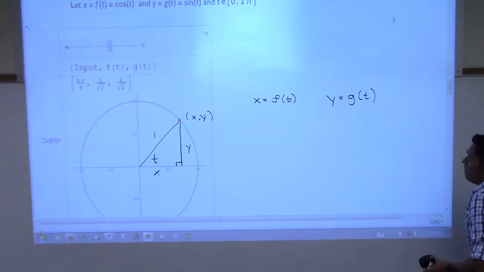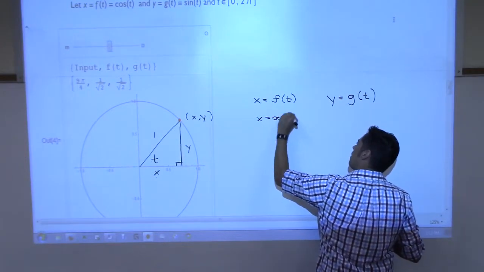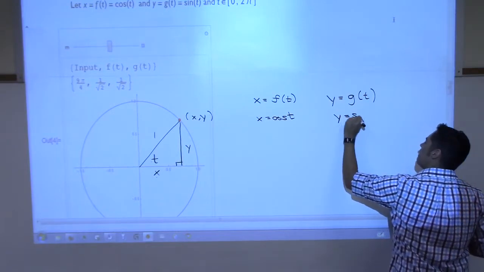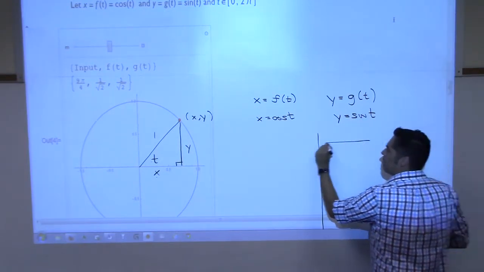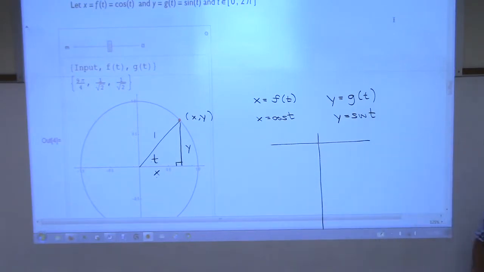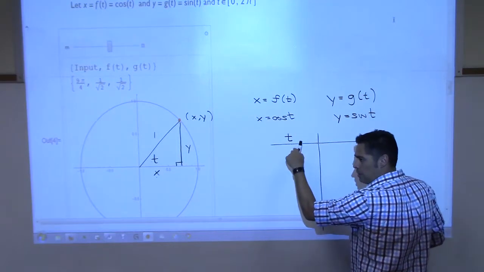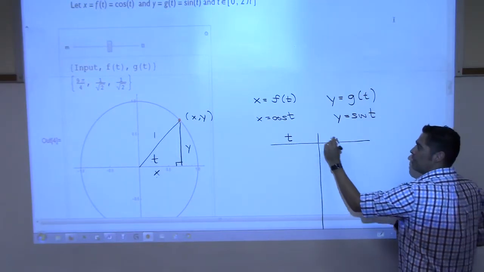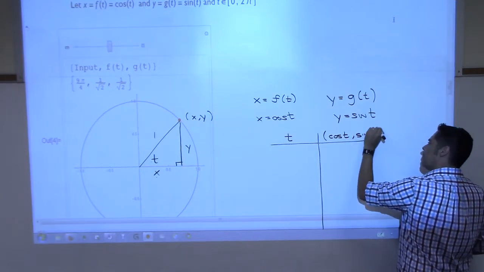So to verify this, x is cosine t and y is sine t. I'm going to make a t table, but this t table is going to look very different than t tables we've done in the past. I'm going to put t here, that's our input, but our output is actually a point, cosine t, sine t.